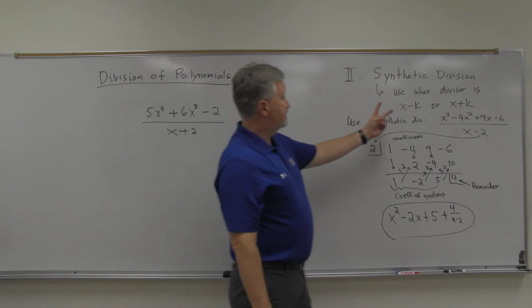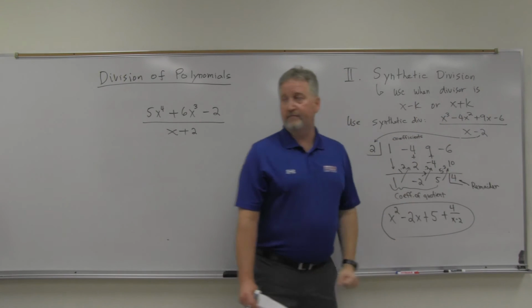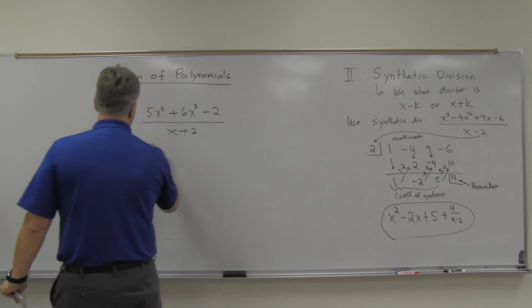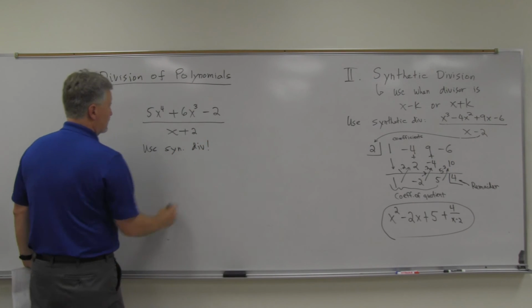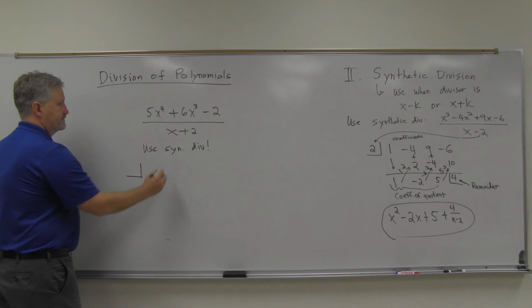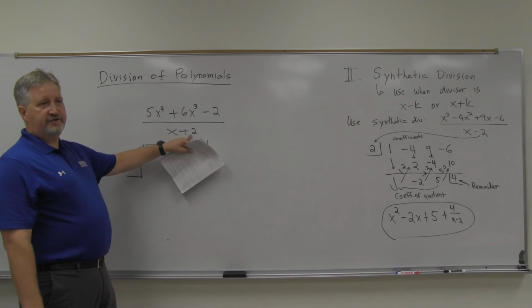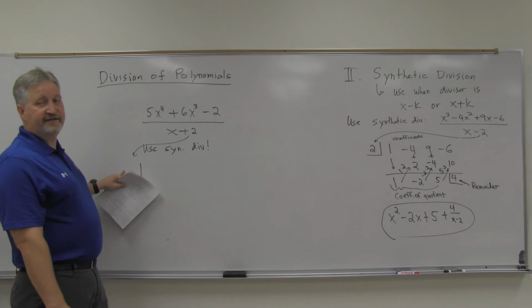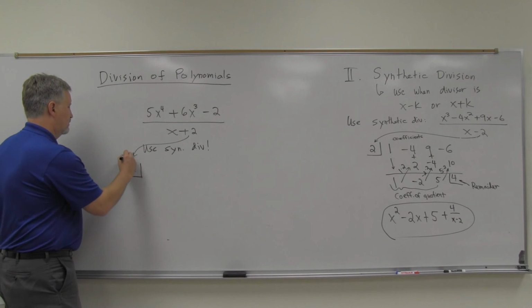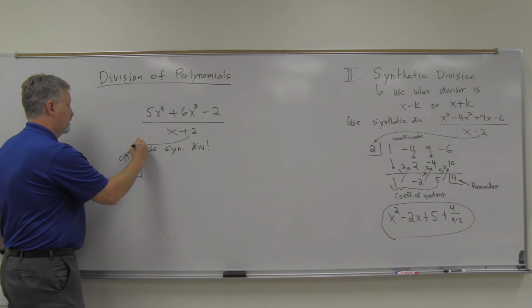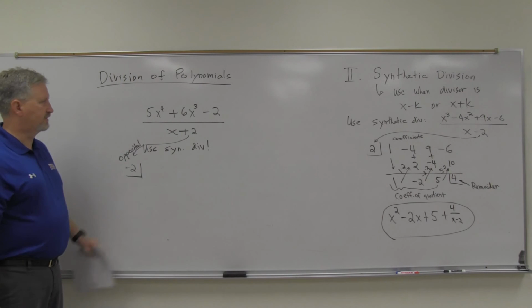It's dividing by x plus a number. As long as it's x minus a number or x plus a number, I can use synthetic division. It's a much quicker process. Now I just have to remember, if it's x plus 2, the number in the box is the opposite. It's -2.